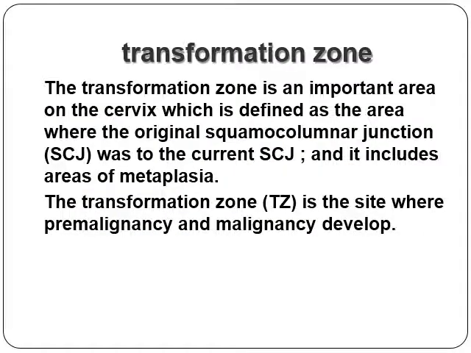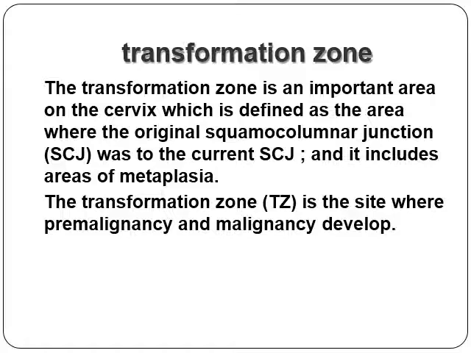To understand what happens in the cancer cervix and in the premalignant conditions, we need to understand what's meant by transformation zone. Transformation zone is the zone between the original squamocolumnar junction and the new squamocolumnar junction.